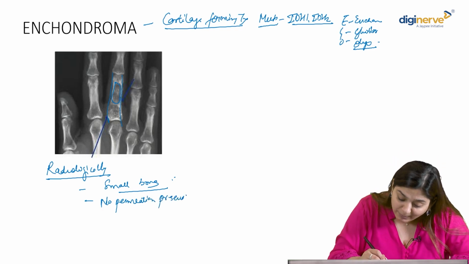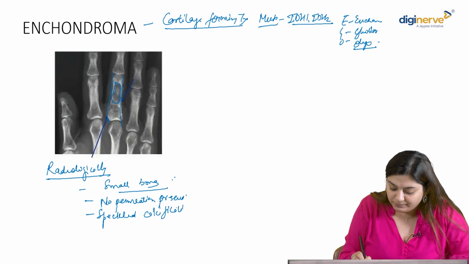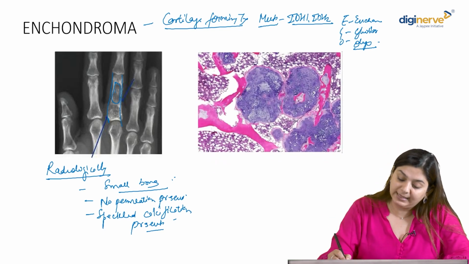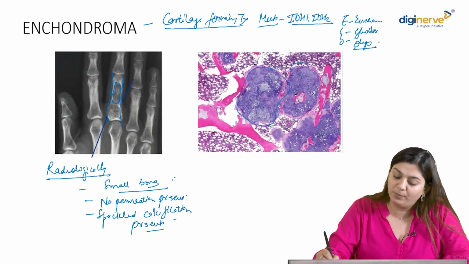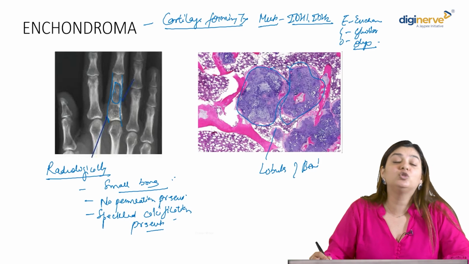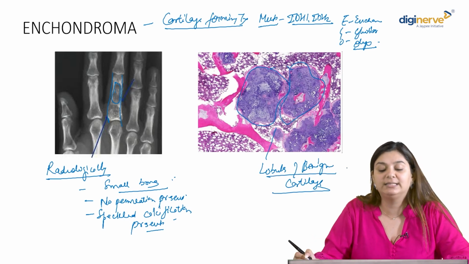And if you see this black, this is nothing but speckled calcification. Now, if you see the microscopy of it, what you will find is lobules of benign cartilage. This dark bluish color is of cartilage. Lobules of benign cartilage will be found, and it's a cartilage forming benign tumor.